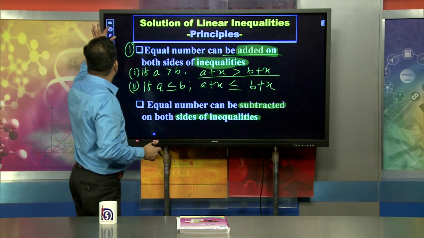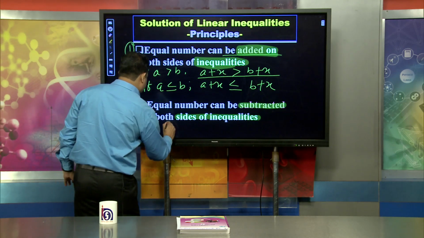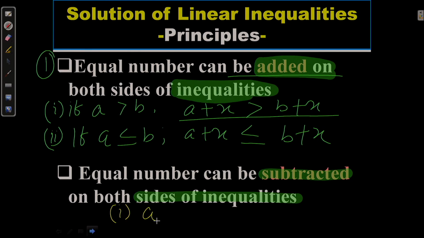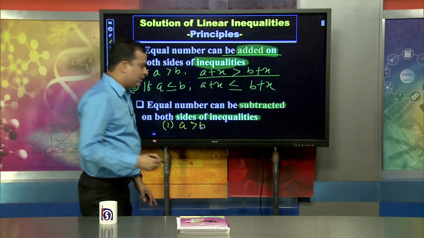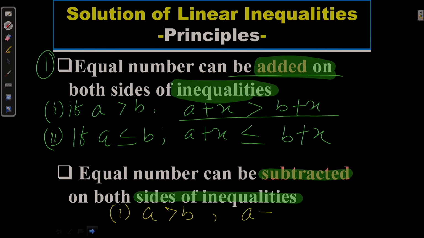For example, suppose the first condition is A greater than B, and x is a constant quantity. If A greater than B, then A minus x is greater than B minus x.